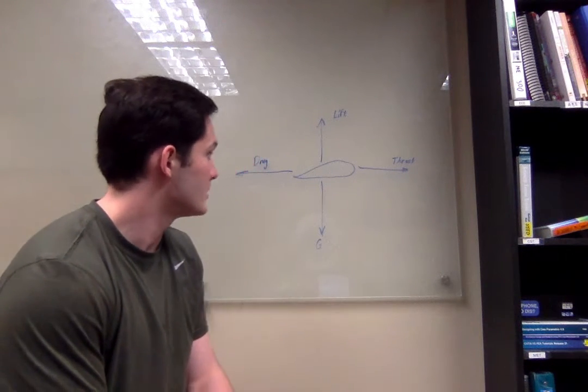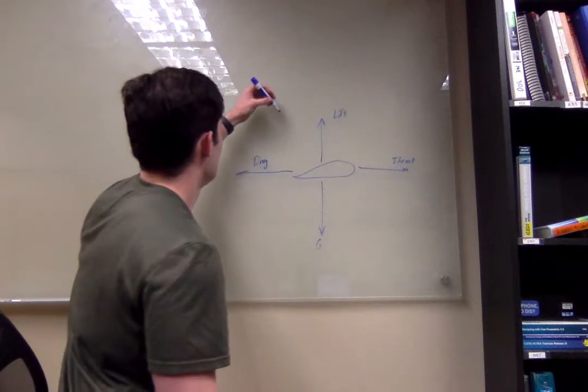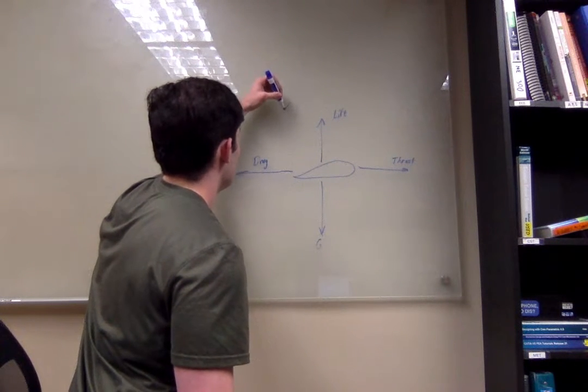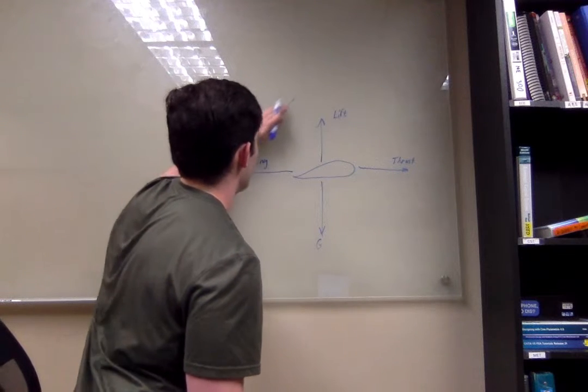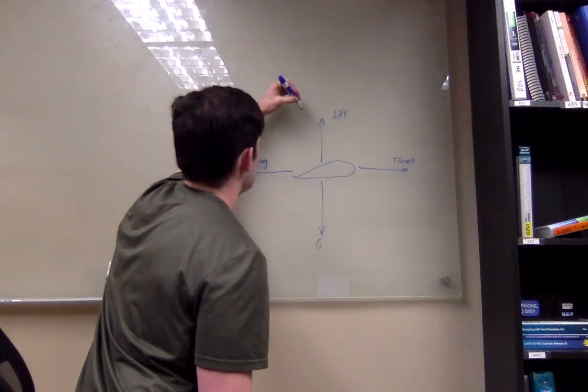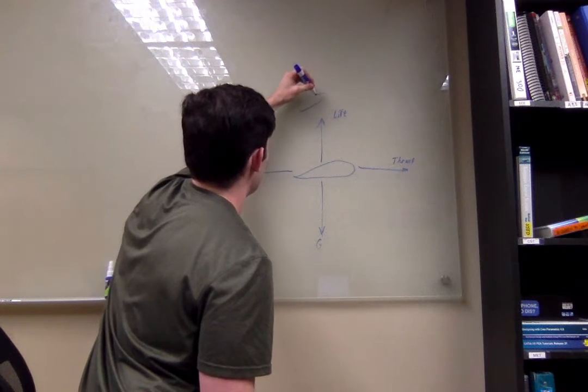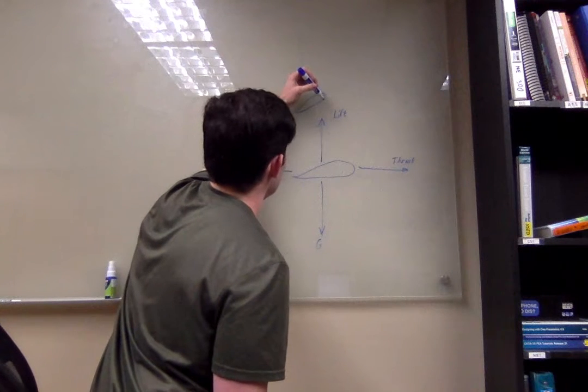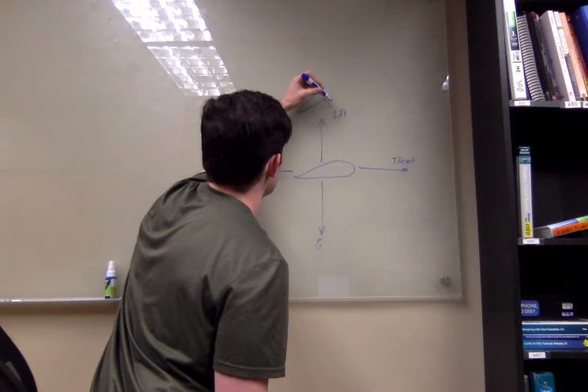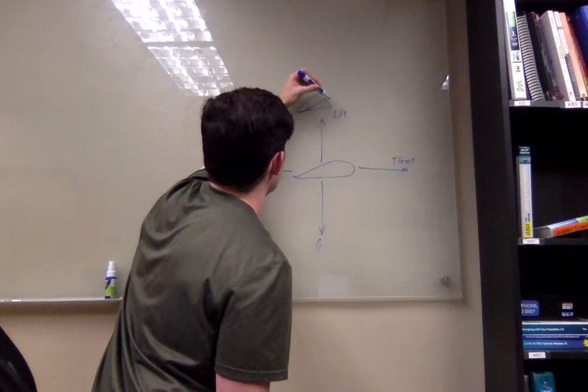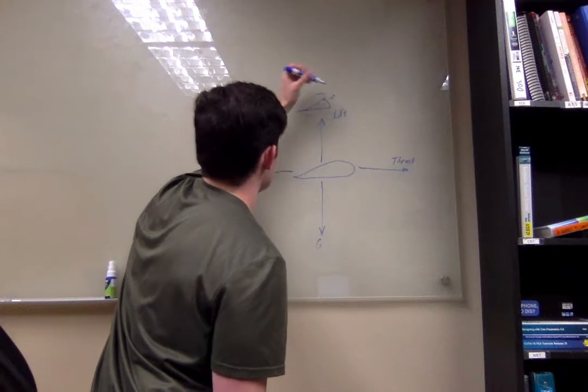And when we climb and when we descend, these forces will change. When we climb, we'll increase our angle of attack, though not quite that steep. We'll increase our angle of attack by 10 degrees or so, depending on what we're doing, climbing or descending. Let's say this is straight, and this is 10 degrees. That's the difference right there.